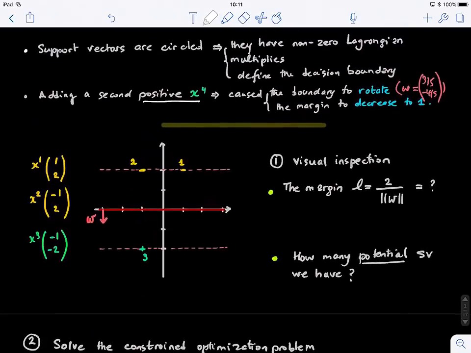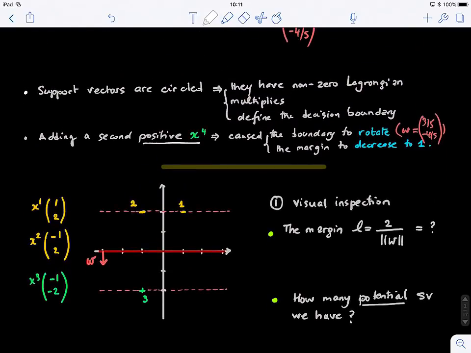Now let's look at this first simple example. We're going to focus on just case 1 from now on. When just visually inspecting the figure, I would like you to compute the margin L. Write it down, and also the norm of the W that you get.